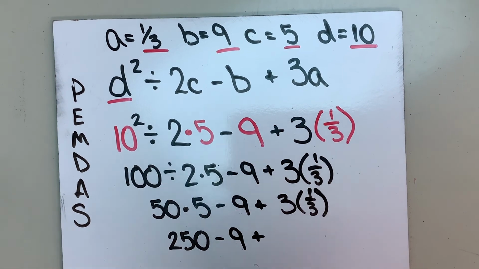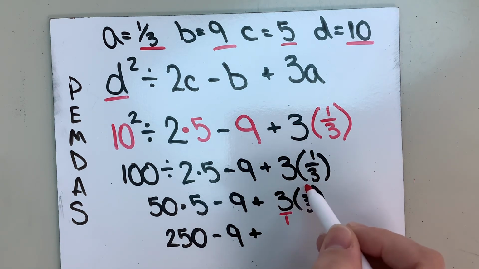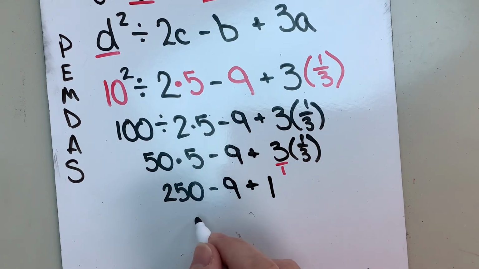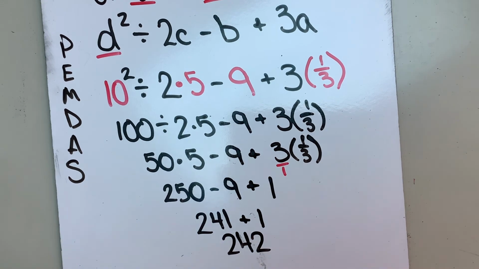The students should know from last year that we add a 1 under this, and that 3 times 1 is 3, and 1 times 3 is 3, but 3 divided by 3 we know is 1. 250 minus 9 is 241, plus 1, so 242.